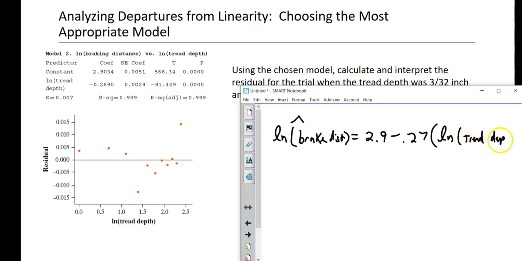Okay, so we're going to plug in 3/32 for tread depth, because that's what it says it was, and we're going to get the predicted braking distance. So now get your calculator out.